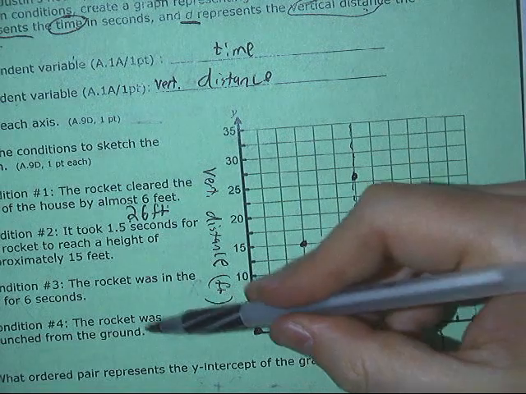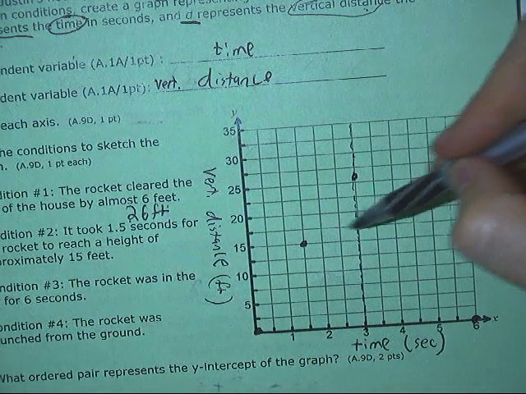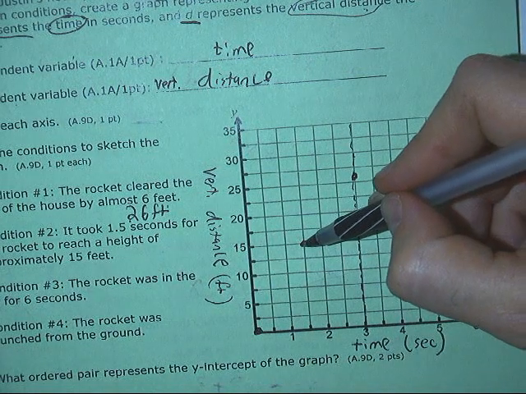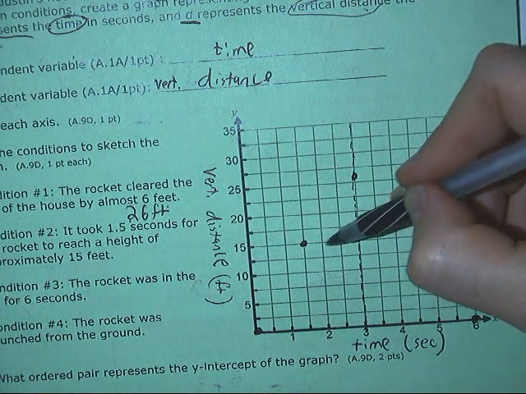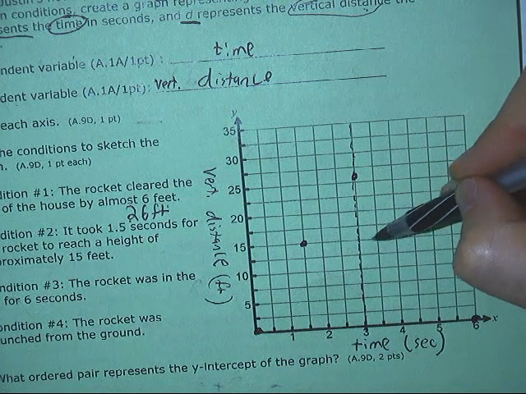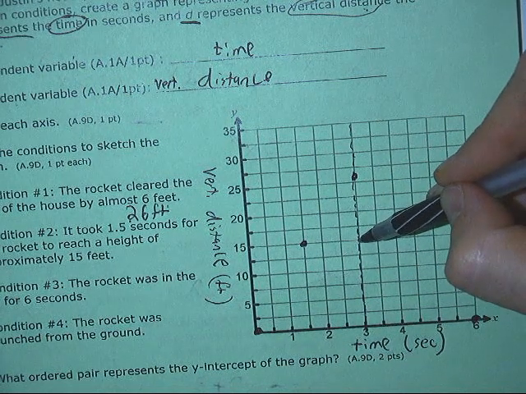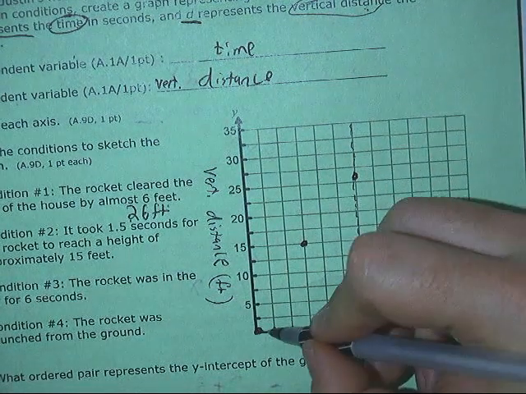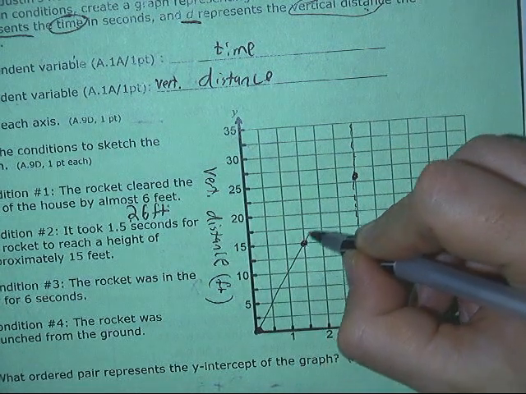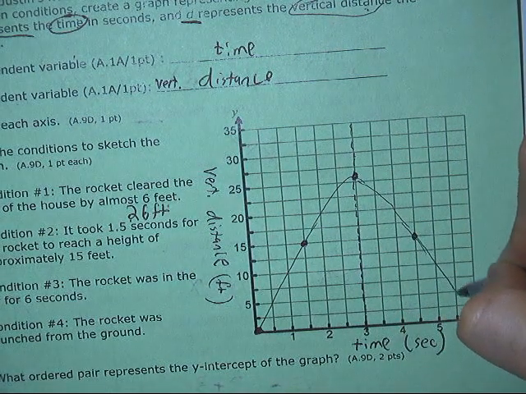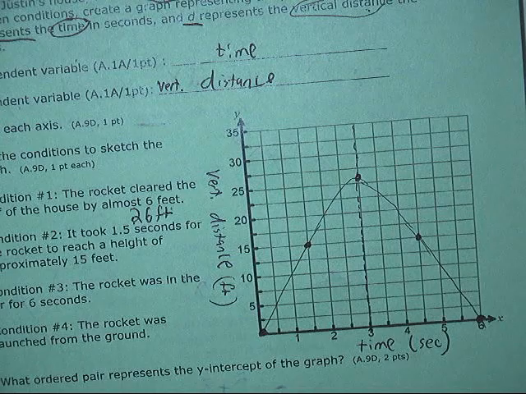Now, those are my 4 conditions. From there, I can use my symmetry property to take this 15 and reflect it over. I can count 1, 2, 3 grid lines from the axis and go 1, 2, 3 grid lines from that axis on the other side as well. So there's the basic flight of my rocket.